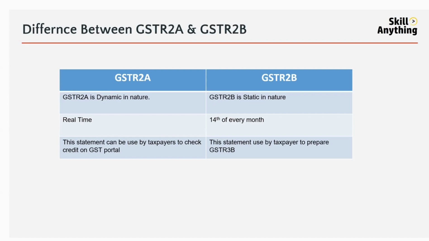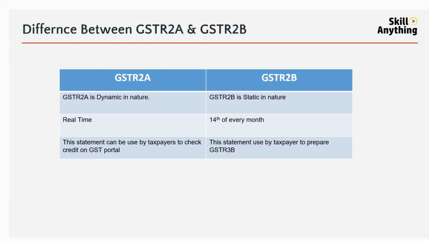For example, when your supplier files GSTR-1 on the 8th, it automatically shows in your GSTR-2A. If the supplier just drafts their GSTR-1, at that time also it will show in GSTR-2A.